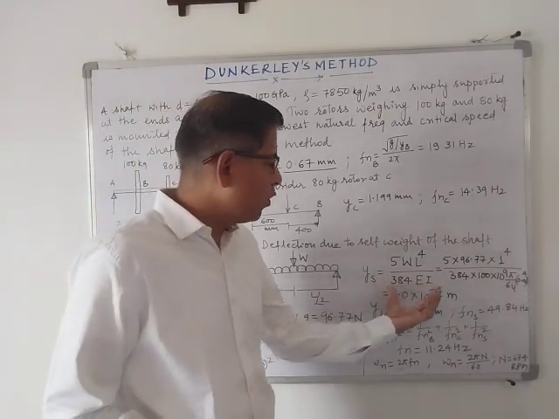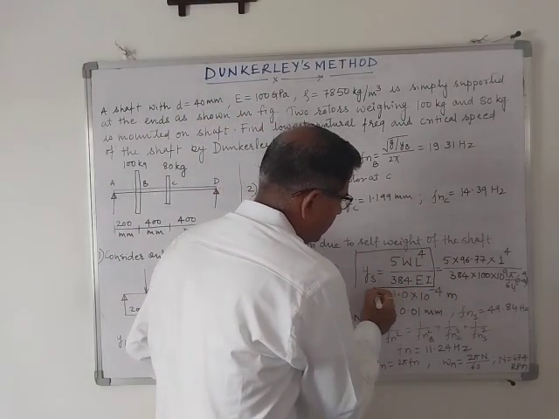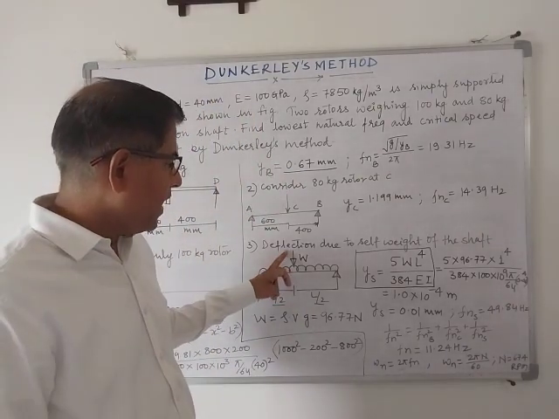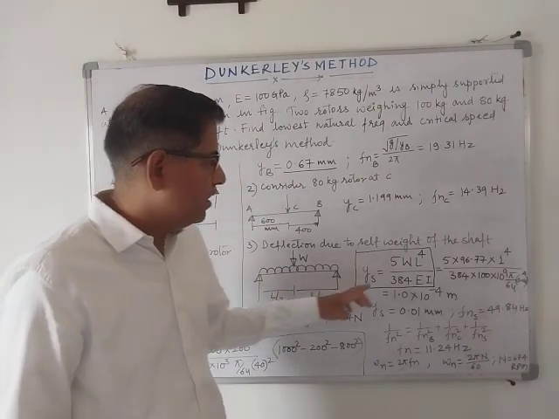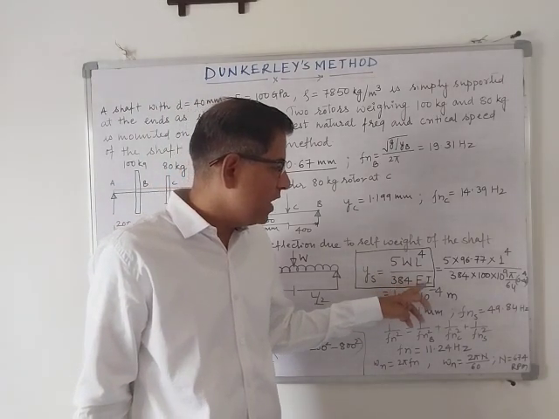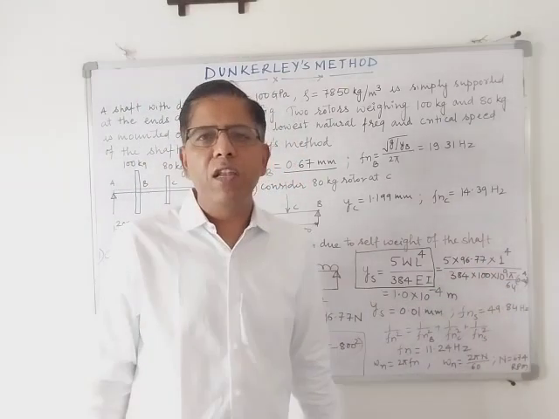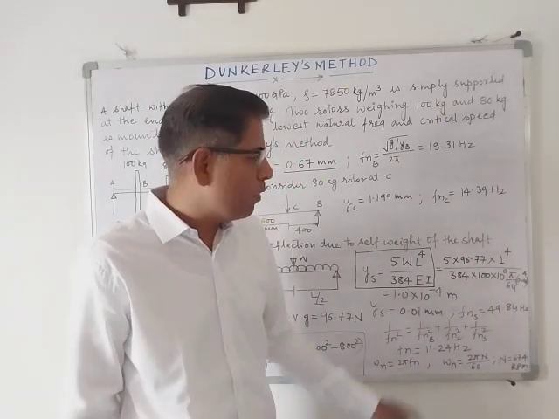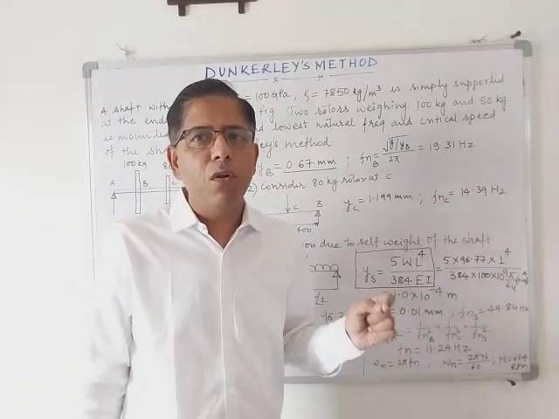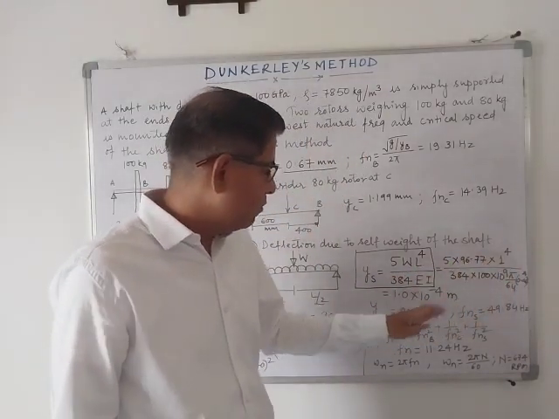And the deflection formula for a UDL on a simply supported beam is 5 W L to the power 4 upon 384 E I. When you put all these values, I have put them in meters and Newtons.